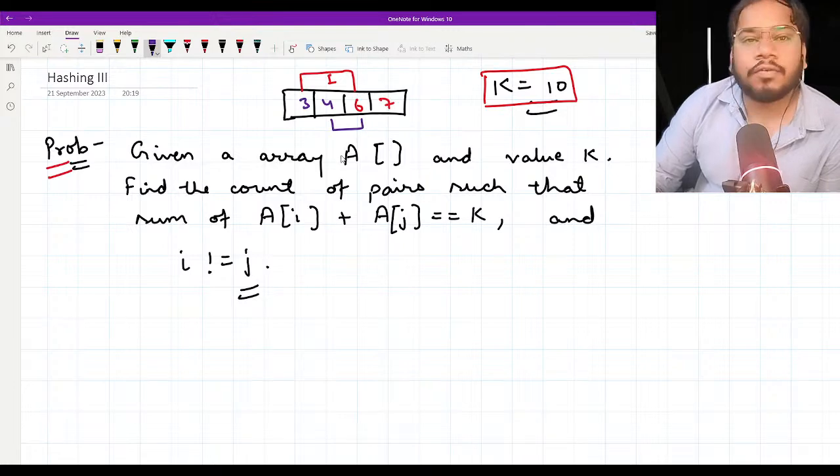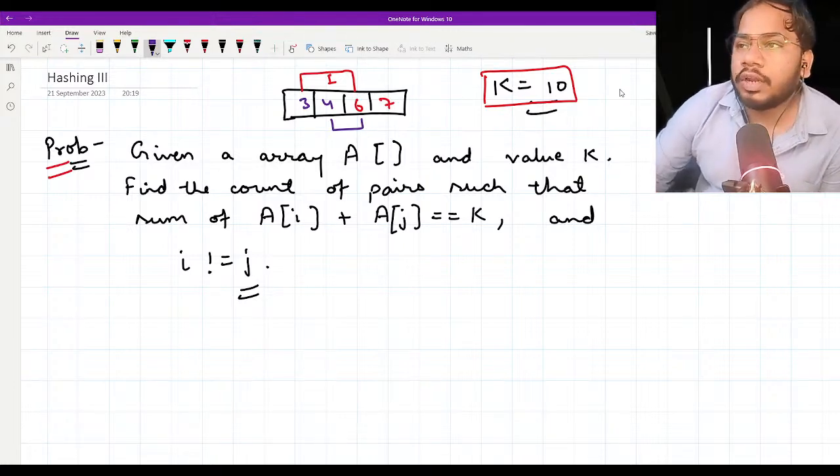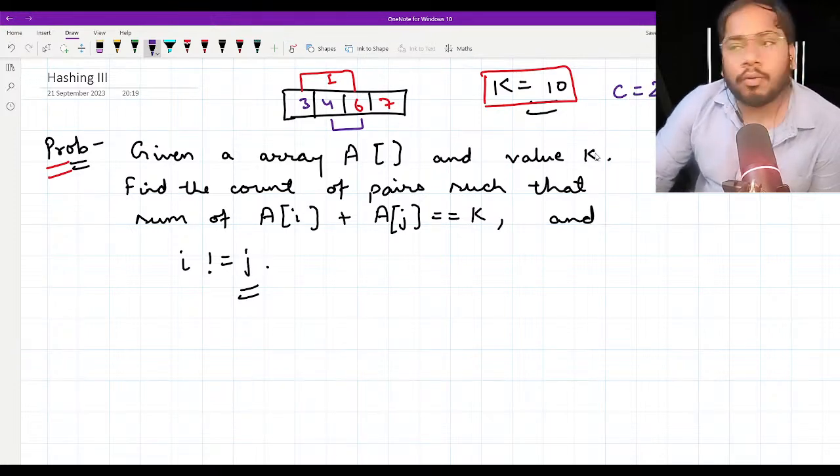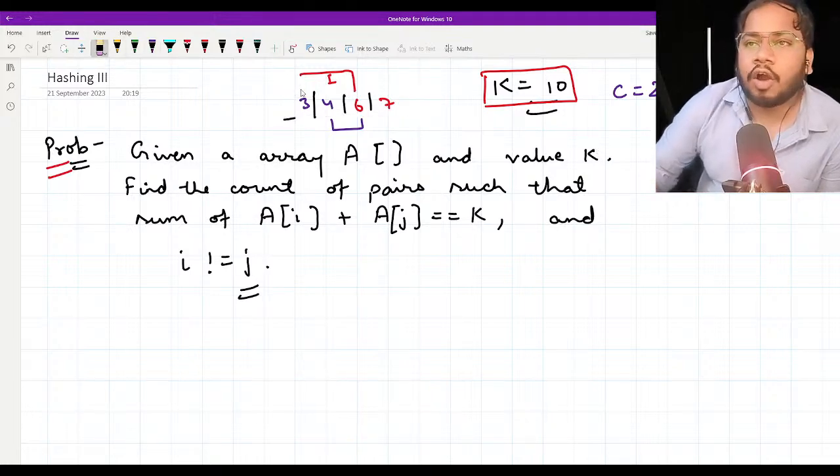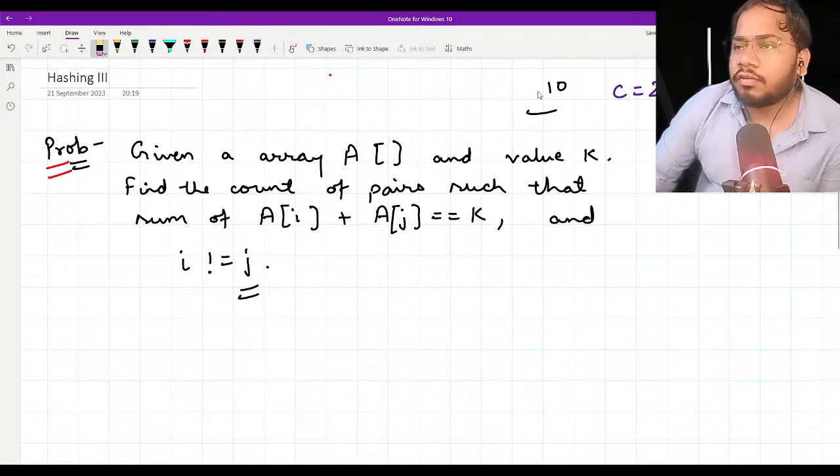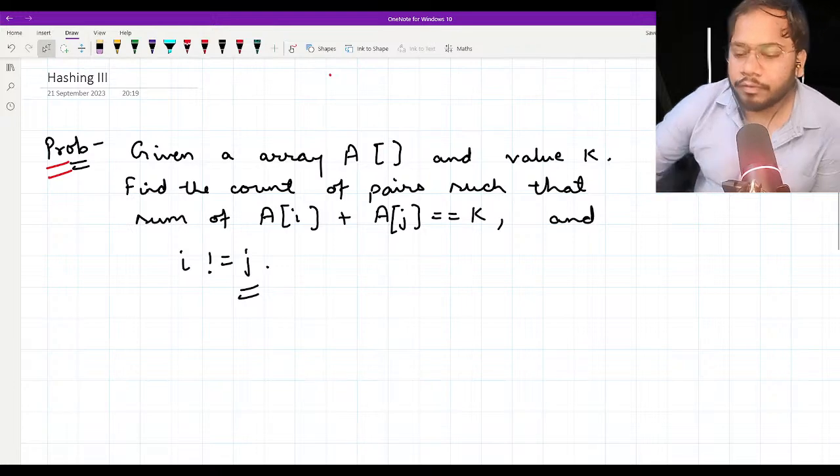Again we are getting one pair, right? So totally the count is 2 here. So how will we do that? We will discuss that now. We understood a little bit. That's okay. So how will we achieve that?